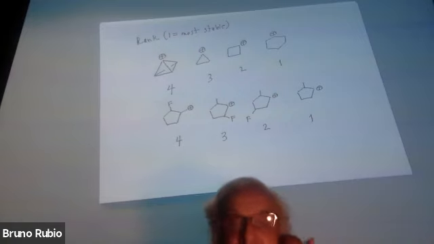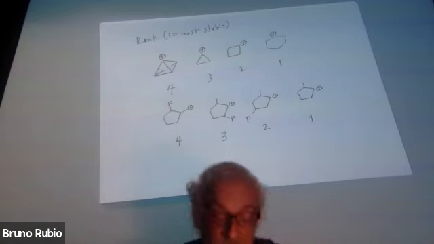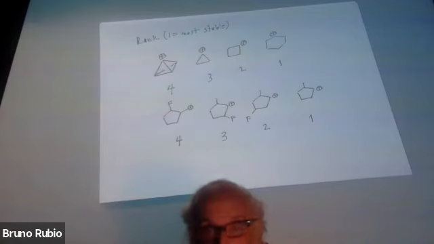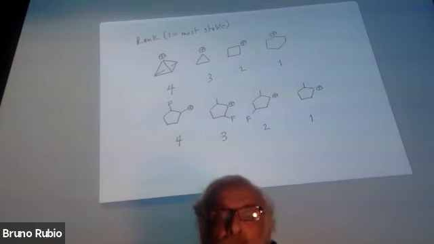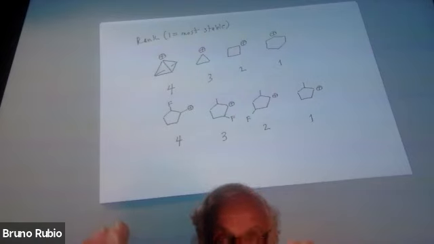But the reason that a carbocation is unstable in the first place is because the carbocationic carbon is electron deficient. It's missing electrons. Anything that is going to increase its electron deficiency is going to make it even more unstable.